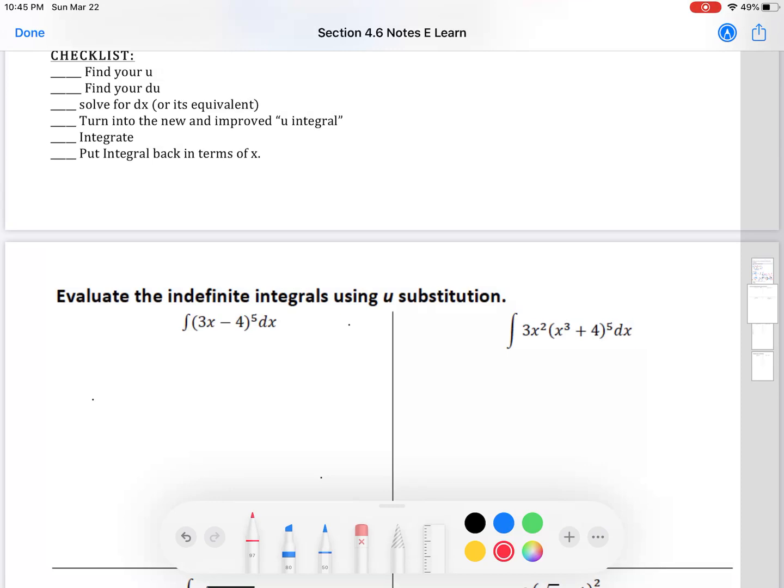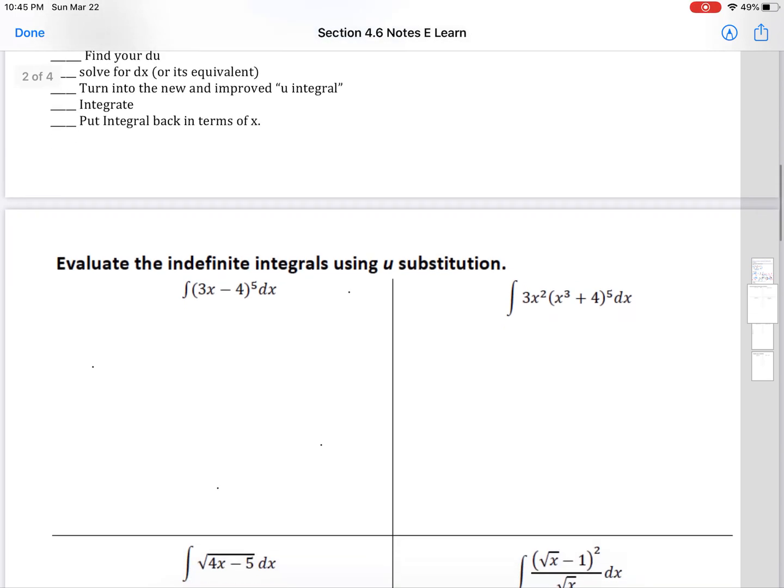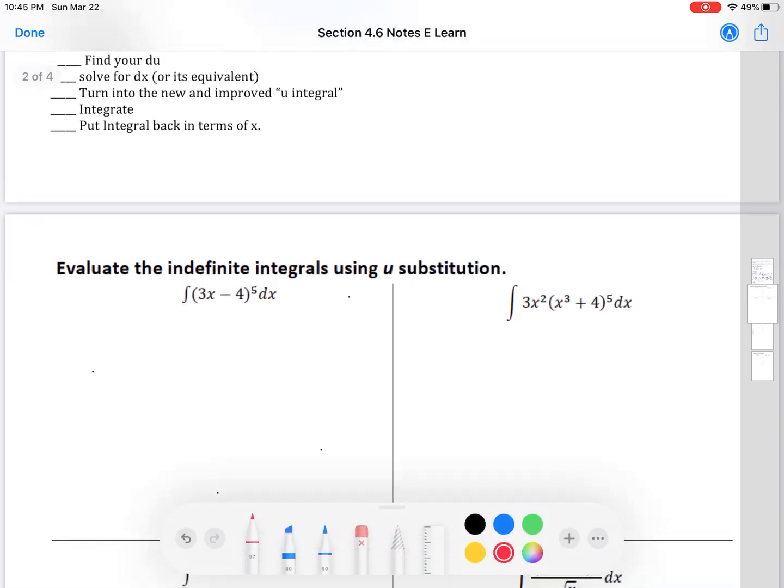So the first thing that we want to do is find our U. The U is usually something that's in parentheses or in radicals first. So that's what we look at first. I'm going to highlight what I think my U is in blue. So my U is going to be 3x minus 4.